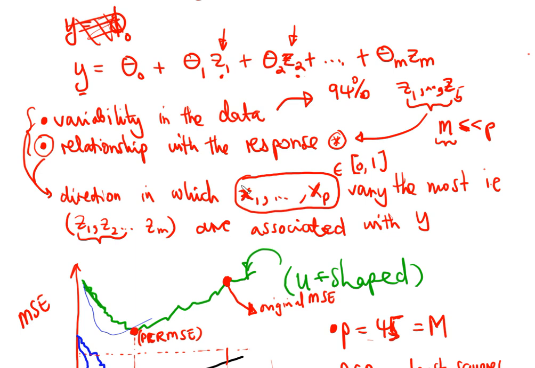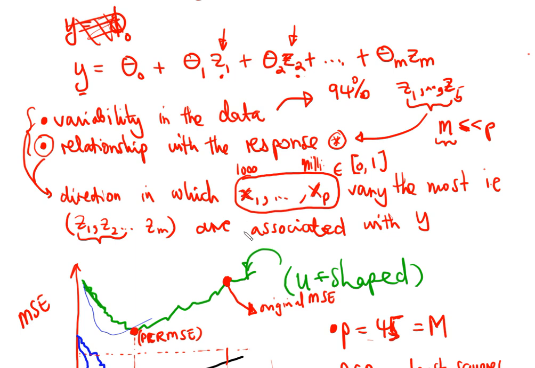Because imagine x1 is income in thousands, and xp is population of countries in millions. That's just too nasty. Standardize xp, make sure it's between 0 and 1. Standardize x1, make sure it's between 0 and 1. That makes it much easier.